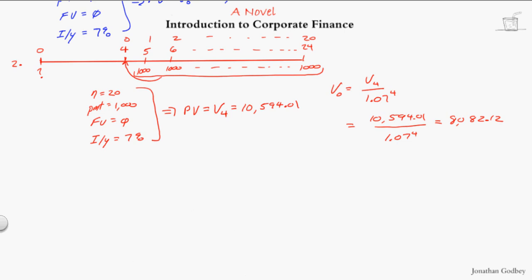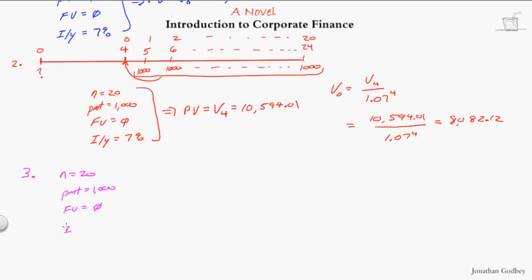Now let me move this up, not all the way, but just part of the way up, because what we have next, question number 3, I'll put here in purple, the exact same cash flows. So I'm not going to redraw this because they're the exact same cash flows. N is equal to 20. Payment is equal to 1,000. Future value is equal to 0.